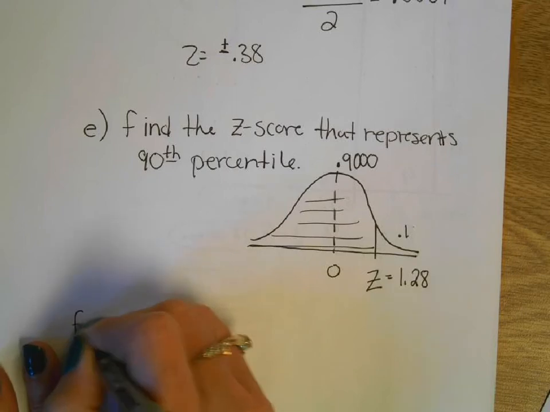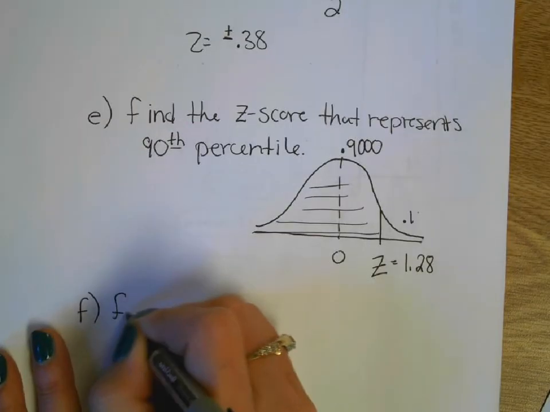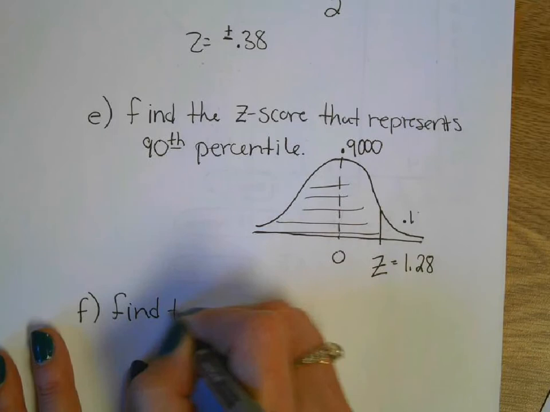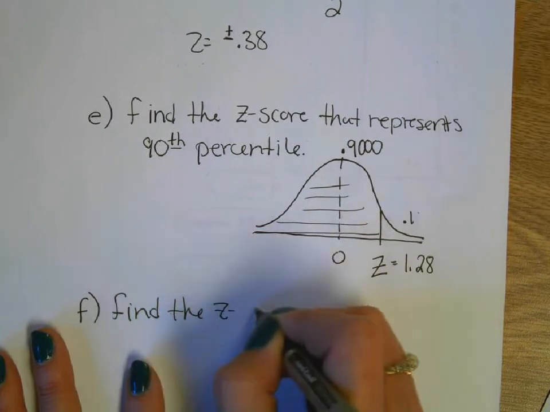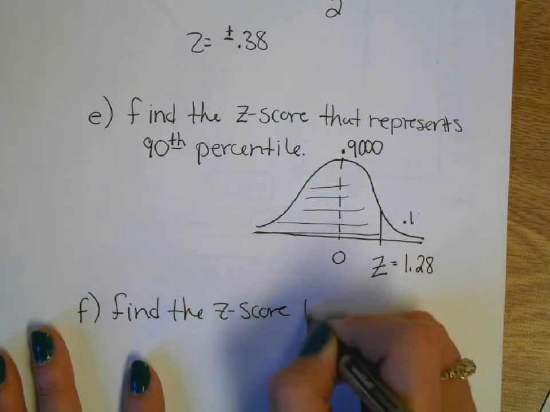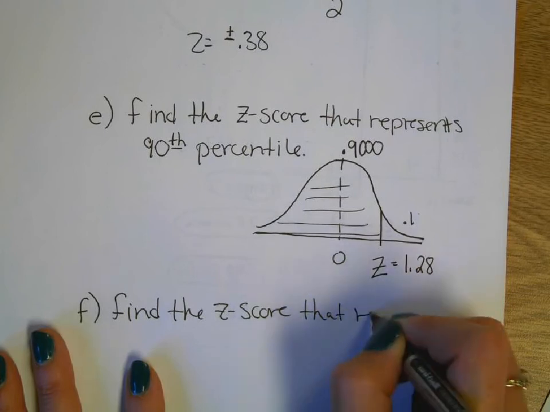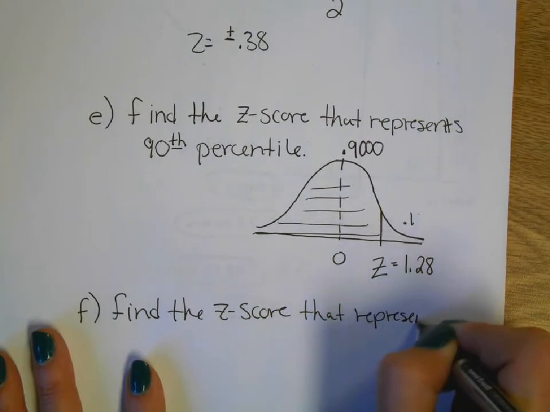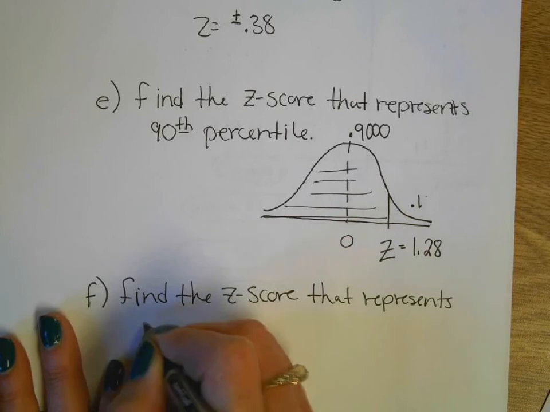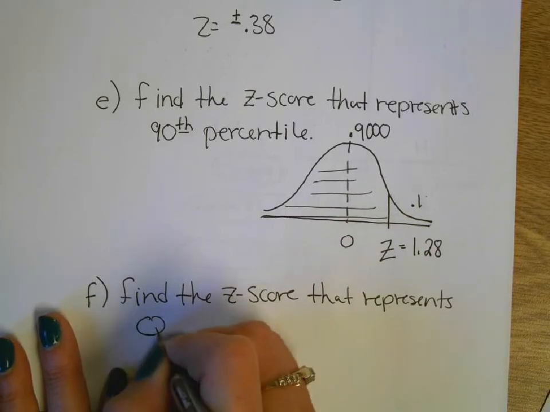And last question. Find the z-score that represents the 3rd quartile.